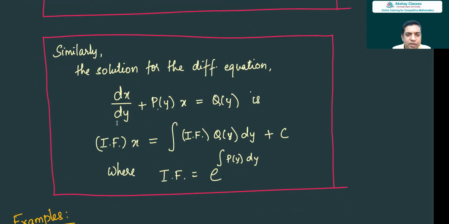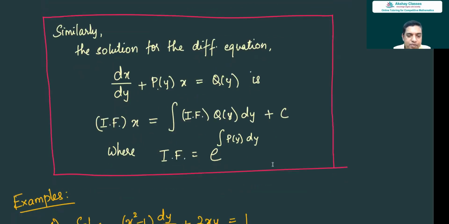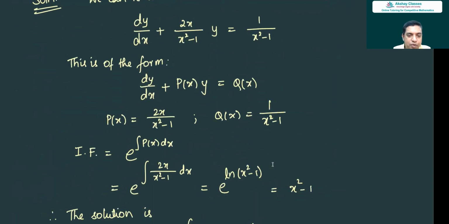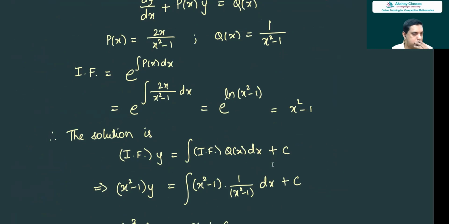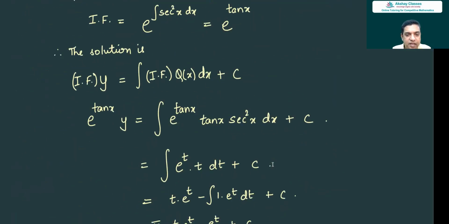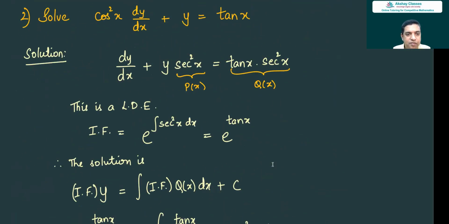The solution is integrating factor times x, in this case the dependent variable, is equal to the integral of integrating factor times q dy plus c, and the integrating factor is e power integral of p of y dy. We did a few problems on linear differential equations in the last class, 2 problems in fact.